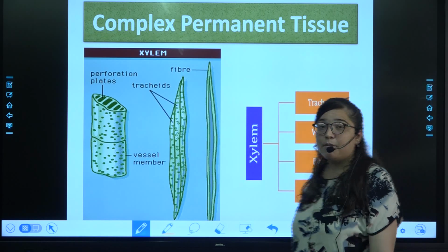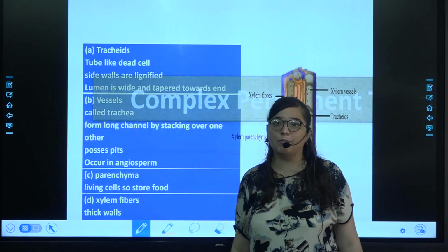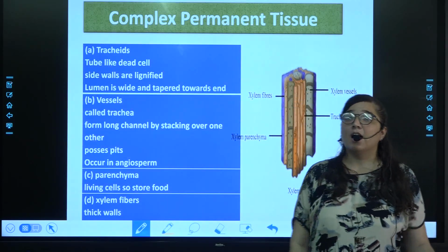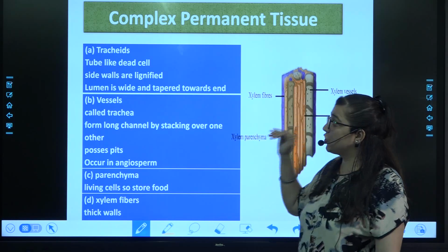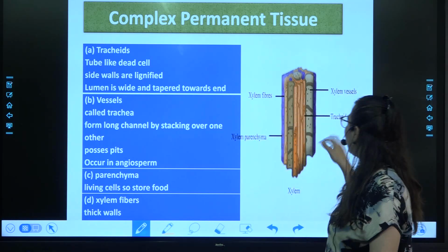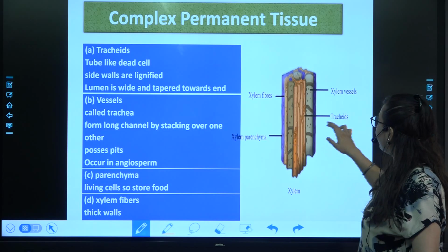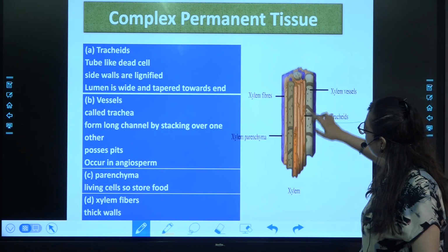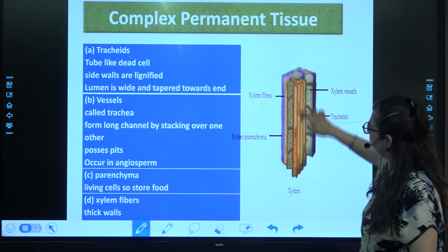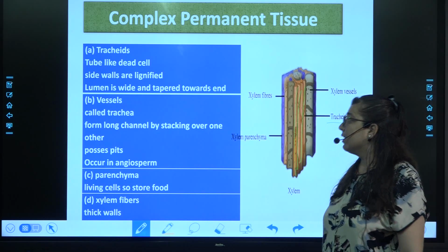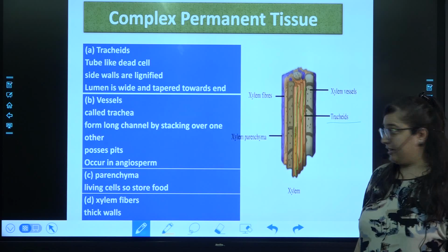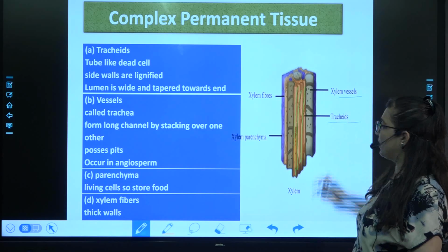We will understand all four parts now with the help of one table and a diagrammatic view. Tracheids are tube-like dead cells which you saw even over here. If you observe, these are long tube-like structures. The lumen, that is the opening, is wide and they are tapered towards the ends. Coming to the next part, that is vessels.